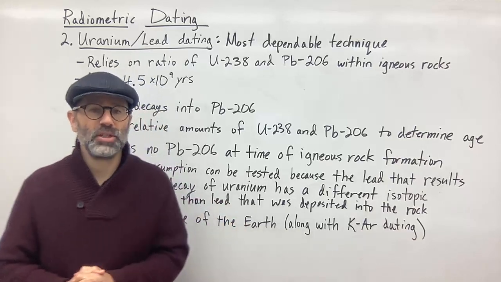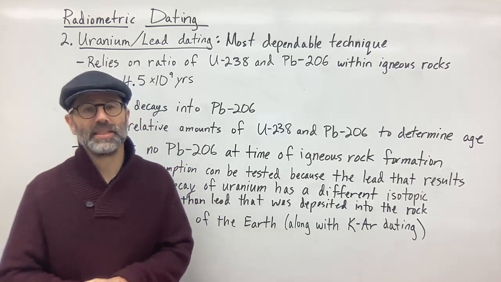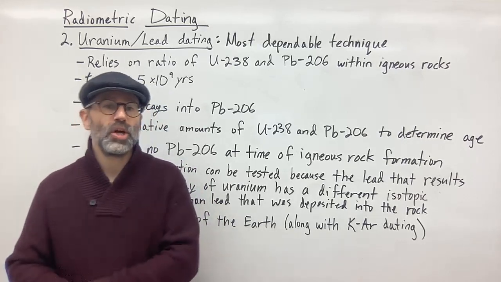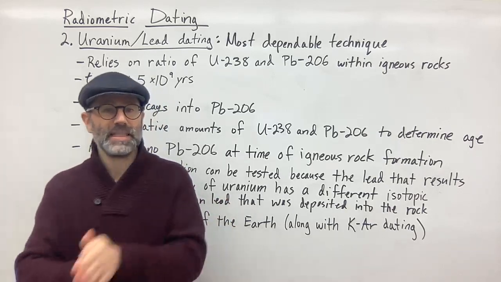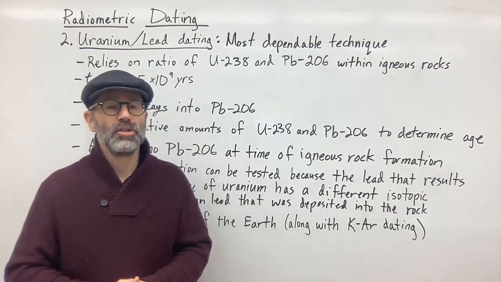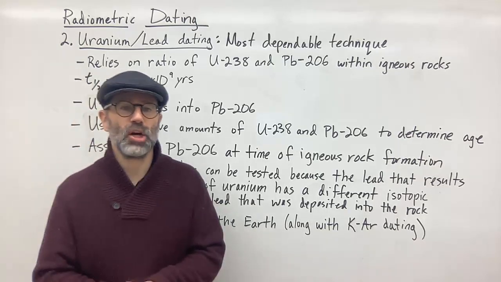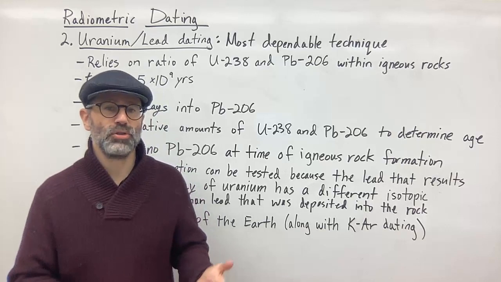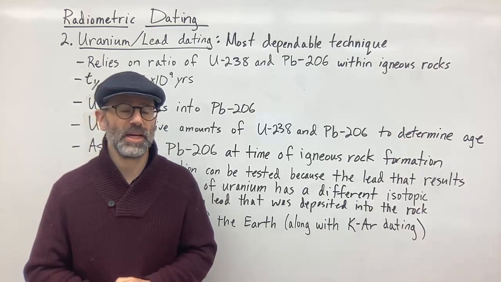The assumption is always going to be that any lead 206 in the rock used to be uranium 238, since uranium 238 decays into lead 206. So I assume that the rock must have started off with 100% uranium 238 and zero lead 206.